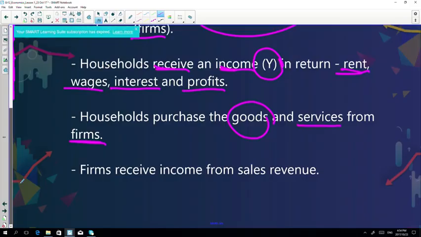And then also firms receive income from sales revenue as well. Okay, so if you offer certain services, if you are a legal advisor, for example, that is a service. People come to you for advice, and you also consult on labor issues.